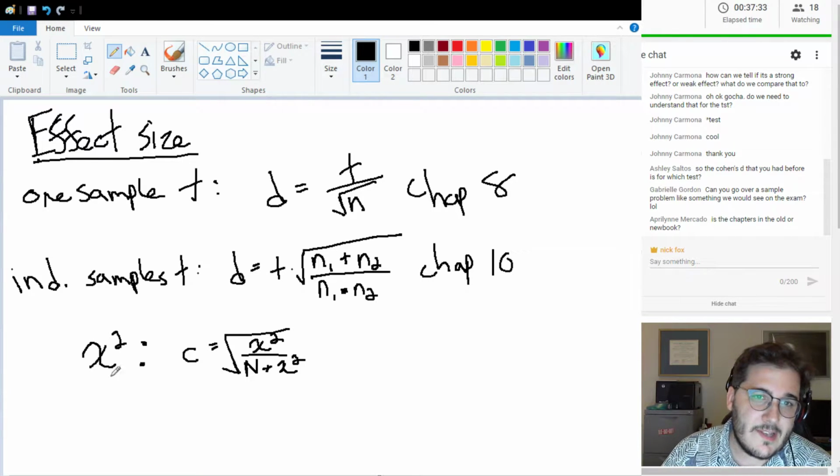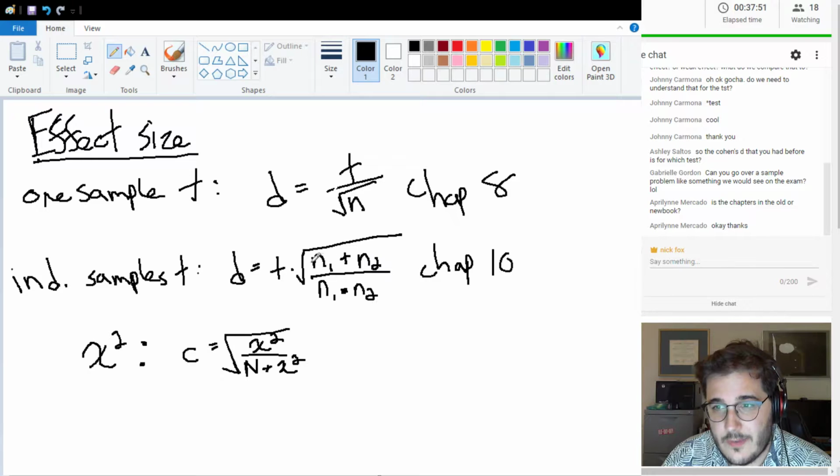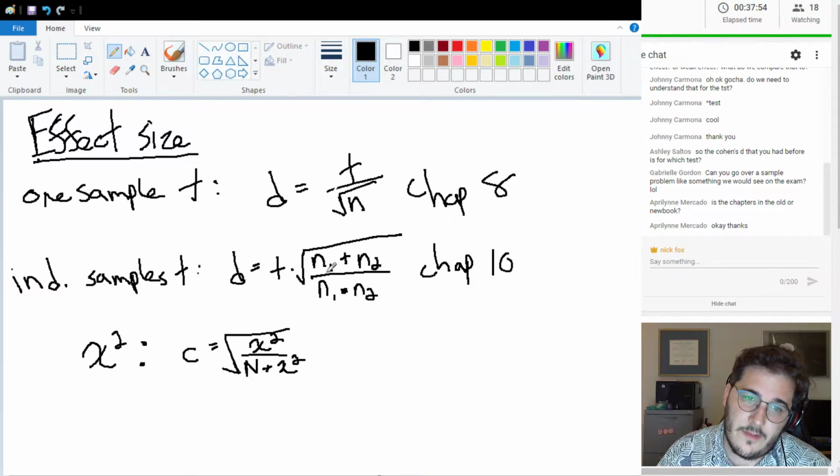So these are the effect size calculations. For one sample t, it's your t statistic that you calculate divided by the square root of n. For the independent samples t, the effect size Cohen's d is t times the square root of your sample size 1 plus sample size 2 divided by n1 times n2.